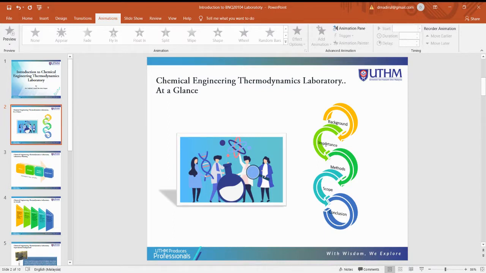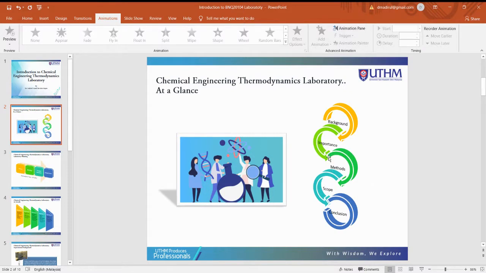Furthermore, in today's equipment, there is a lot of machinery that uses the principles of thermodynamics, such as steam turbine, refrigerator and heat pump, compressor, boiler, condenser, as well as cooling tower and heat exchanger.